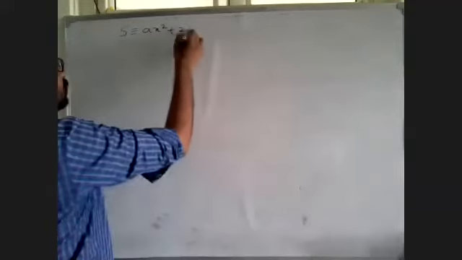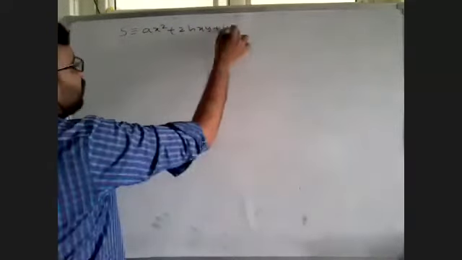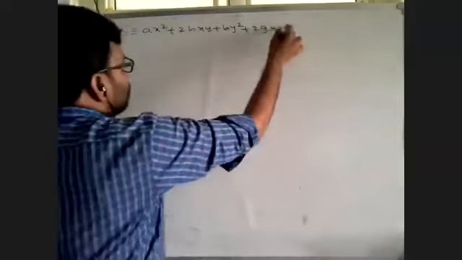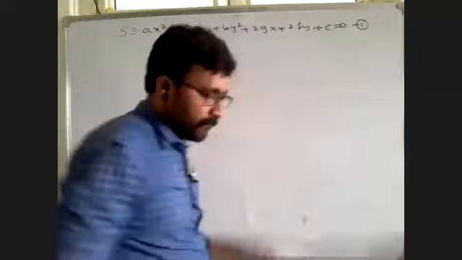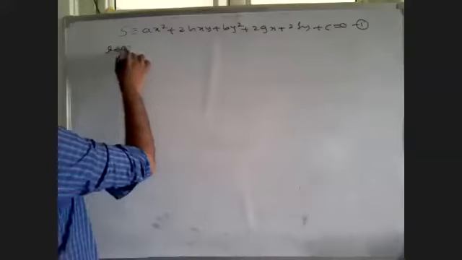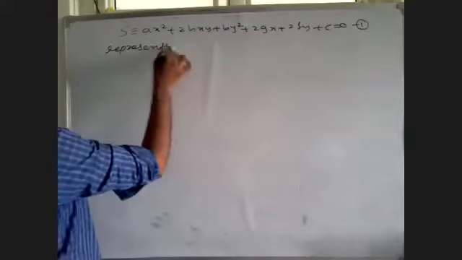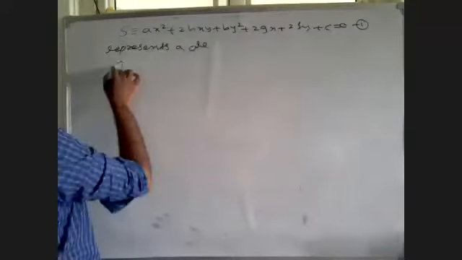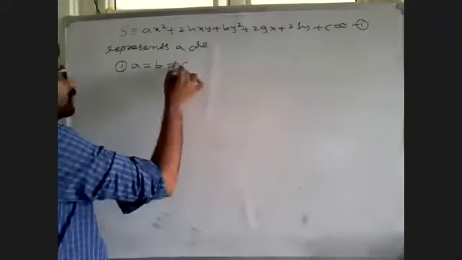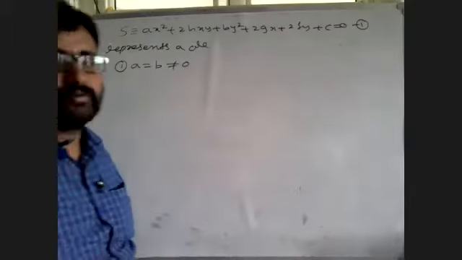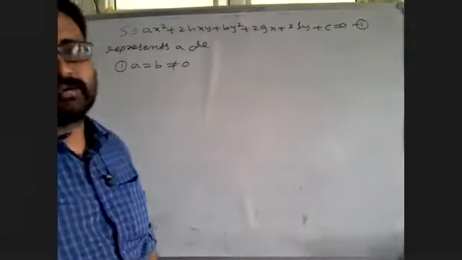See, if a second degree equation S equal to 0 is ax square plus 2hxy plus by square plus 2gx plus 2fy plus c equal to 0, equation number 1, and if it represents a circle, then condition 1: a equal to b is required, and they should not be zero, a equal to b and not equal to 0.